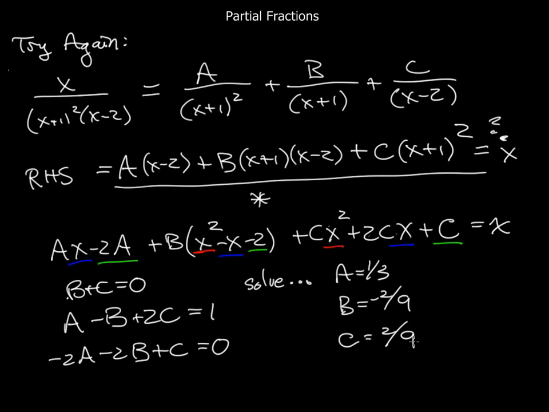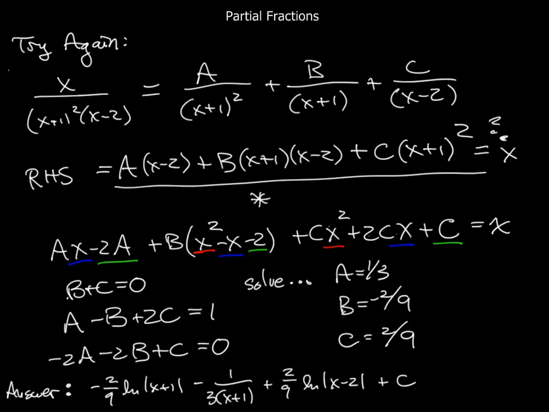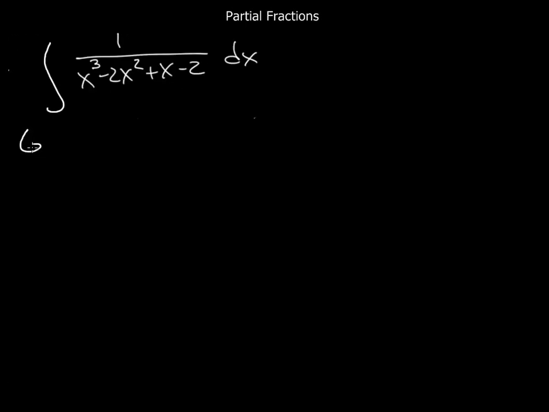And you can easily check that those are the correct values of a, b, and c. And so then you get an integral that you can do. And here's the answer. At the end of the day, you get logs and various things with these coefficients. But of course, again, the key point for the partial fraction step is just finding this a, b, and c.